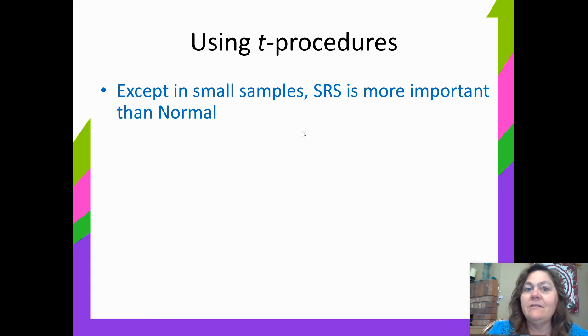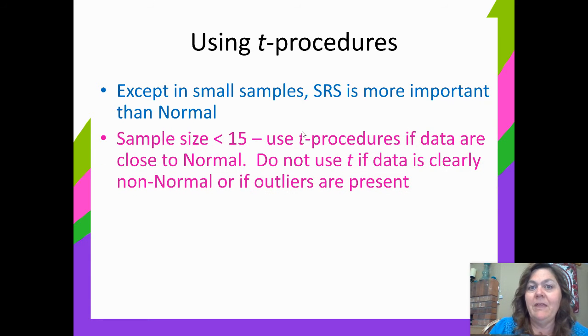Remembering that SRS is probably the most important thing. That's more important that it's random than that it is normal. Because when n is large, we get more and more normal anyhow. So anything bigger than 30, we know we can assume normality. So the main thing you're going to make sure to look for every time is is it simple random? Okay, but what happens, Ms. Straub, when it's not greater than 30? What do I need to do?